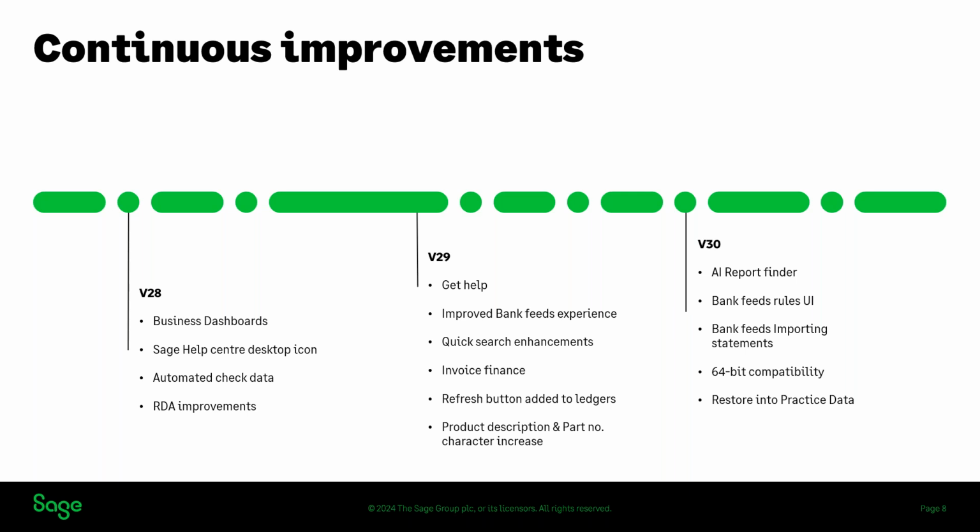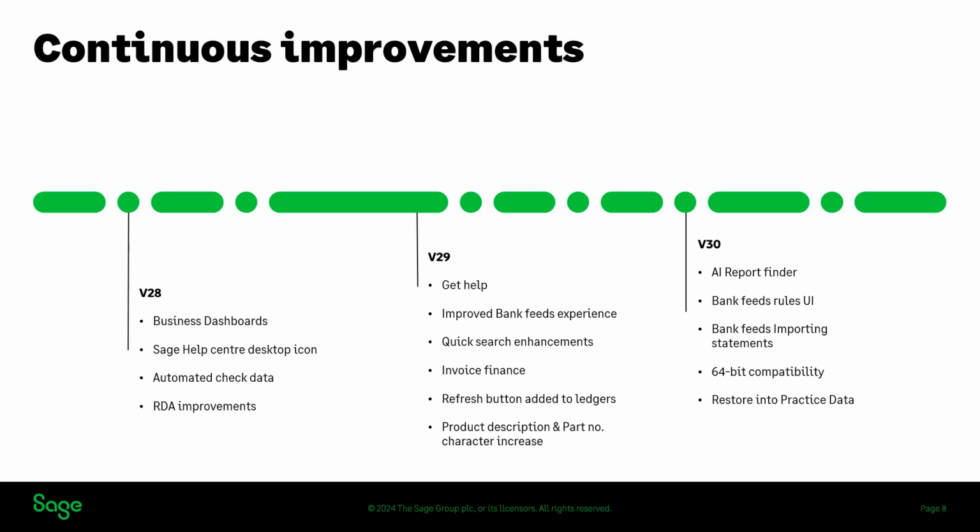Now, a lot of these are quite big changes, but some of them can be quite small. So, for example, character increase for product description and part numbers. So to some of you, that might not have much impact, but to someone else, that could be quite significant change and help them with their day-to-day processing.